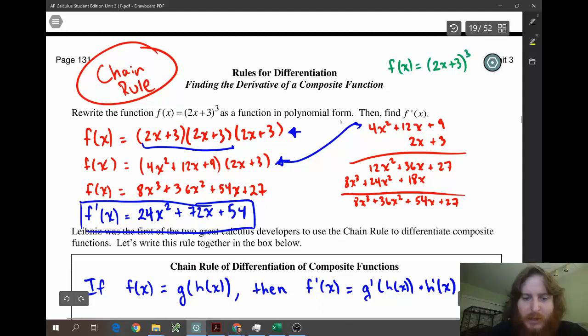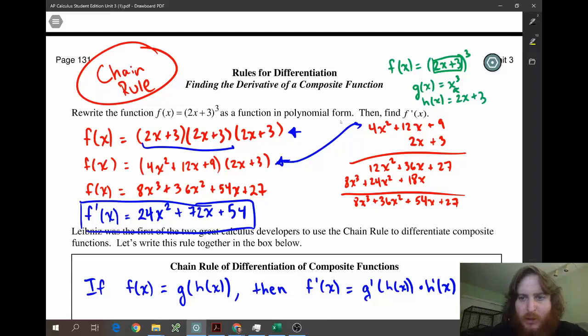If we try to put in that g of h of x business, g of x is going to be, change that whole thing to just a box, change that to an x. So g of x is x cubed. That's our outside, something being cubed. And h of x is 2x plus 3. So we're taking this 2x plus 3, and when we put it in for x, we get f of x. We get this whole 2x plus 3 cubed. And that's what we mean by composition.